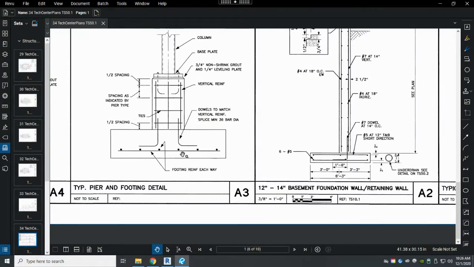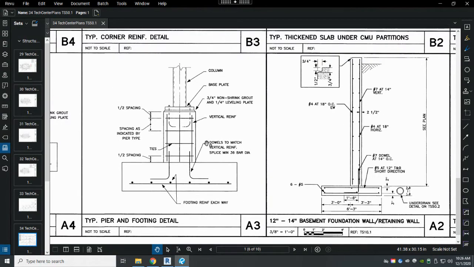The next detail here is a typical pier and footing detail. So the piers, remember, are the ones that have the rebar in them. This is showing a pier, and you notice that there's no height being shown from the top of the pier to the pad.